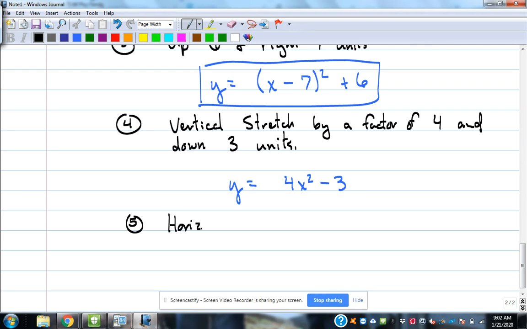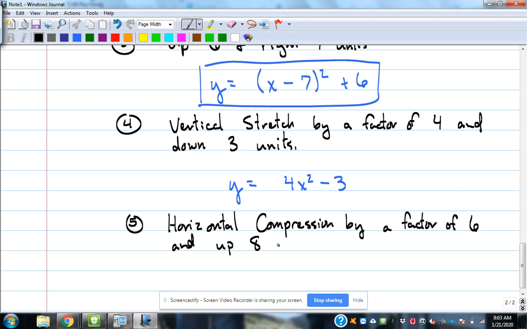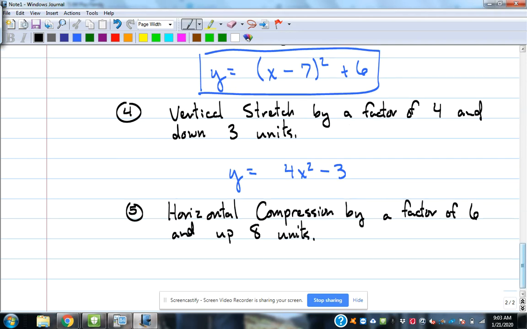Let's do a horizontal compression by a factor of 6 and up 8. Horizontal compression.